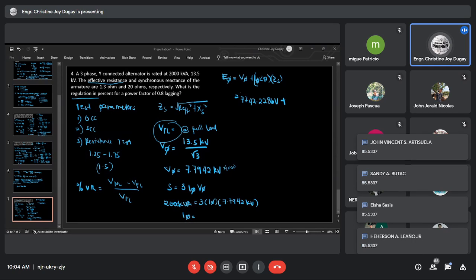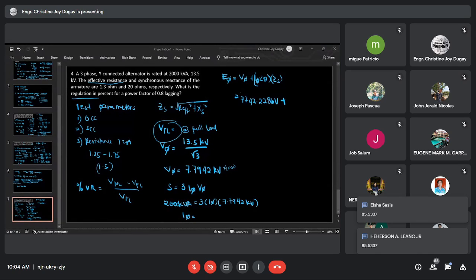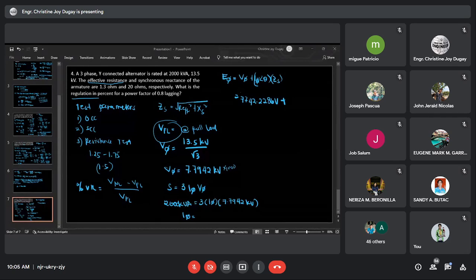Ilan po ang value ng current po natin? Anong value po ng current natin?